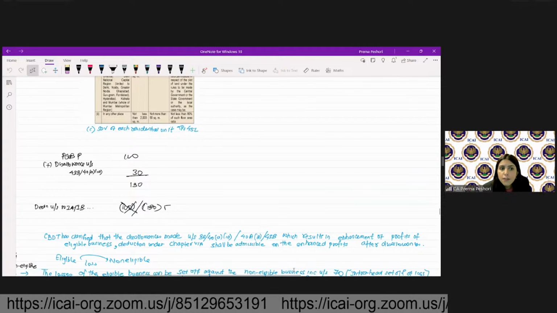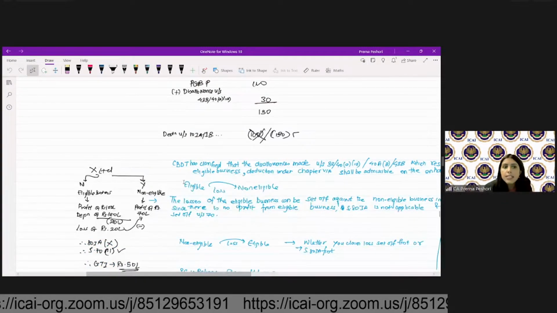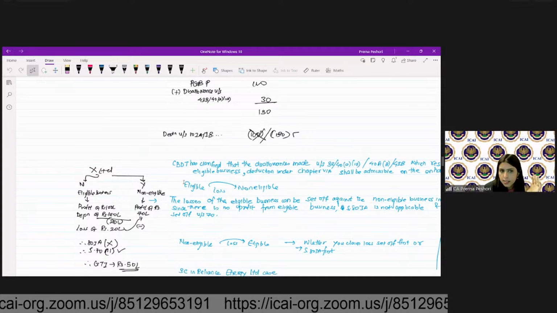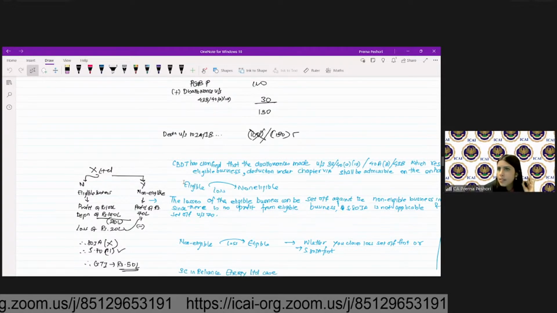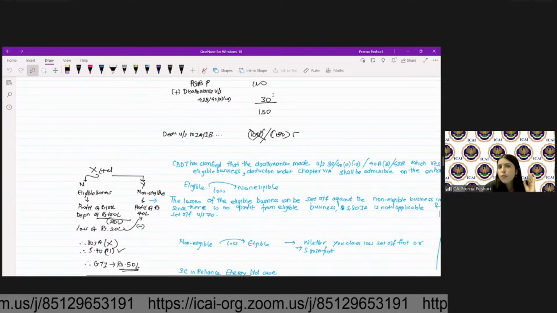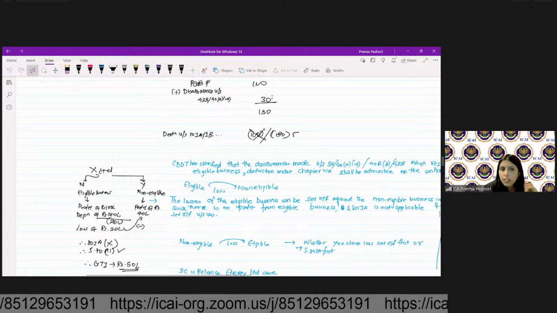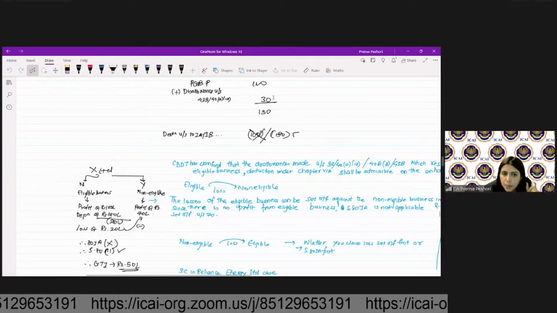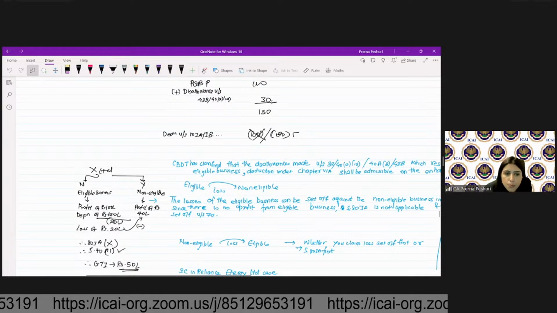Also, let's say for example, a company has an eligible business and a non-eligible business, and let's say it has a loss under the eligible business. Eligible business means one who is claiming the deduction under these profit-linked deductions. Then can you set off the loss from the eligible business against the non-eligible business profit?